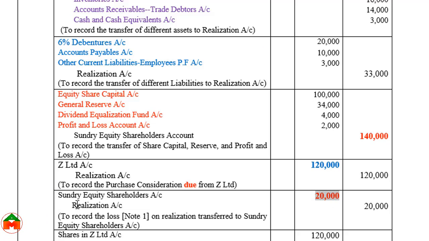That's why sundry equity shareholders will be debited with the loss amount and realization account will be credited with the loss amount. Why is there a loss? Because X company is providing 1,40,000 equity items, capital, reserve, dividend equalization fund, profit and loss account or retained earnings, but they are receiving purchase consideration of only 1,20,000. 1,40,000 is what they are providing, but they are receiving 1,20,000. That's why there is a loss.